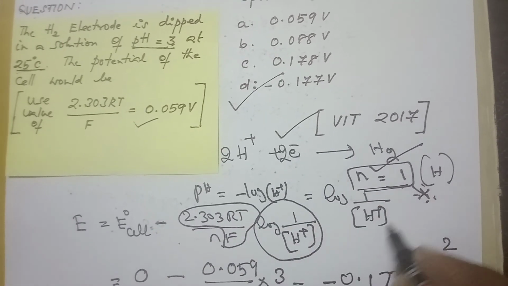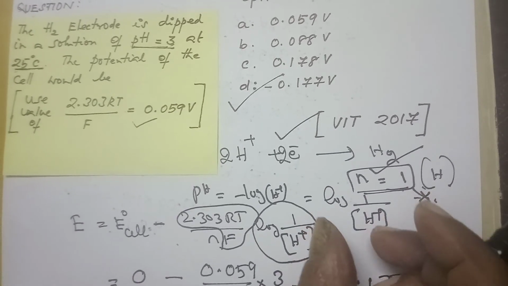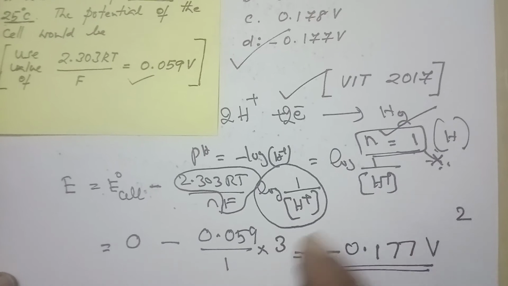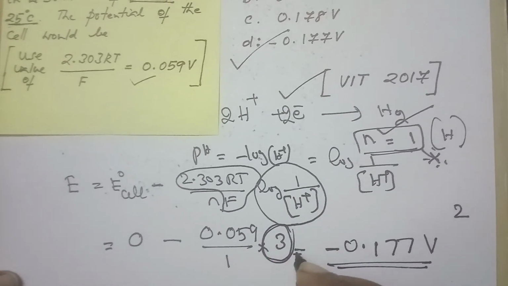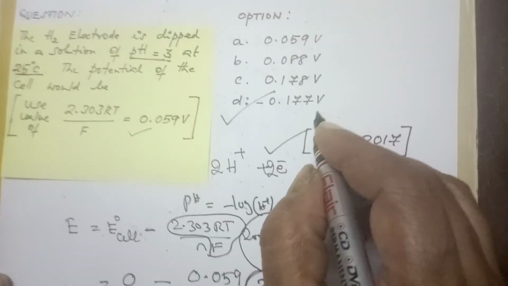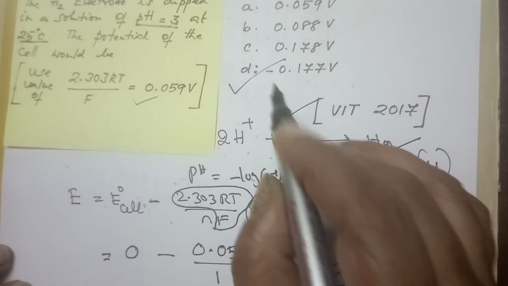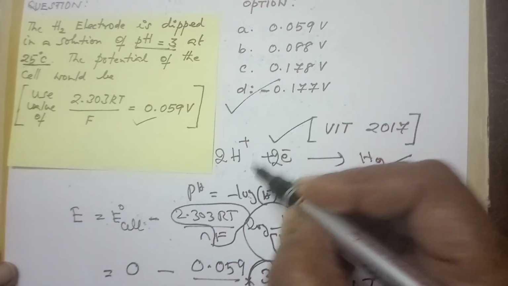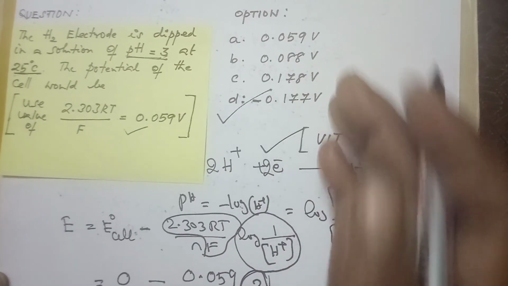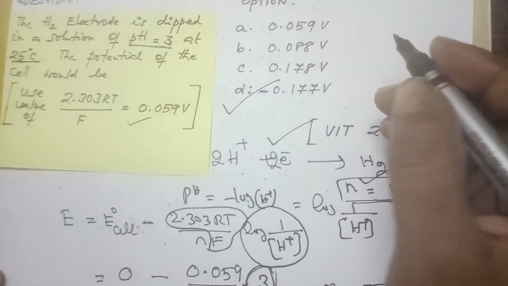You can take log 1 by H plus concentration as the pH value as it is. This is the important point I want to stress. So this is the answer. Apart from that, by looking at the formula, the value should be negative. So even without calculation, after substituting this you can identify the answer.